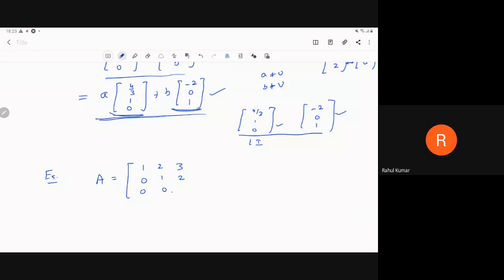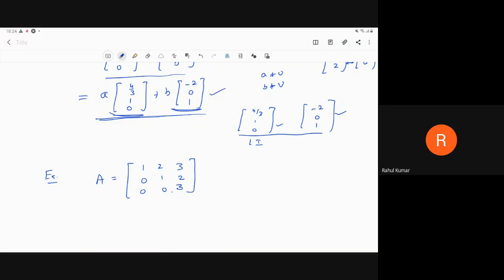Suppose I write this matrix. Can you quickly tell me the eigenvalues? You know, this is an upper triangular matrix. What are its eigenvalues? Without solving anything, can you think? 1, 1, 3.